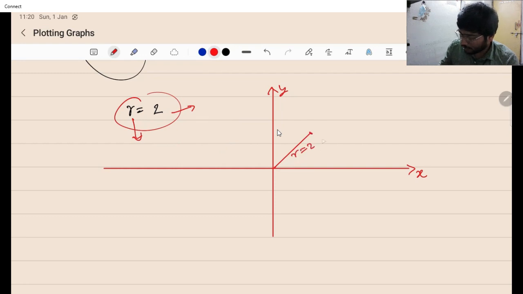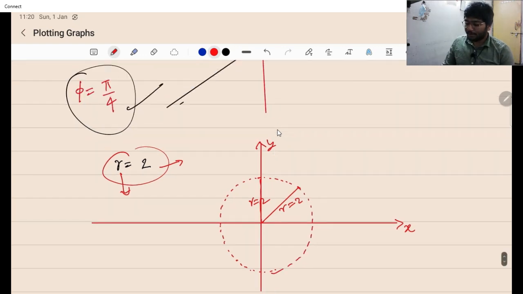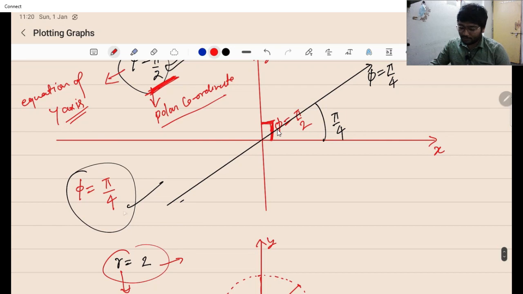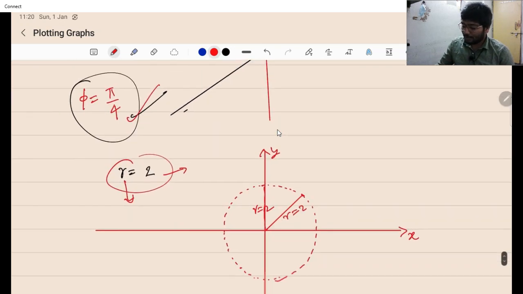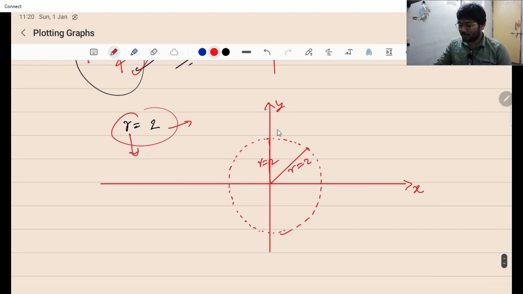So if you change phi, r must not change. Everywhere r should be 2 because r is given as constant. Phi is not given, which means phi is not constant, so you will have to change it. In the previous case it was given that phi is constant, so you drew pi by 4, pi by 2. Here it is given that the length of the radial vector is constant.